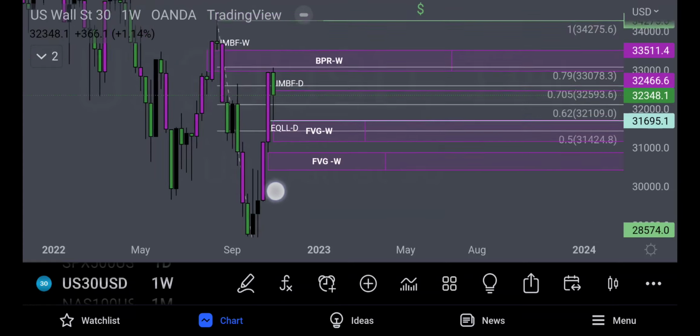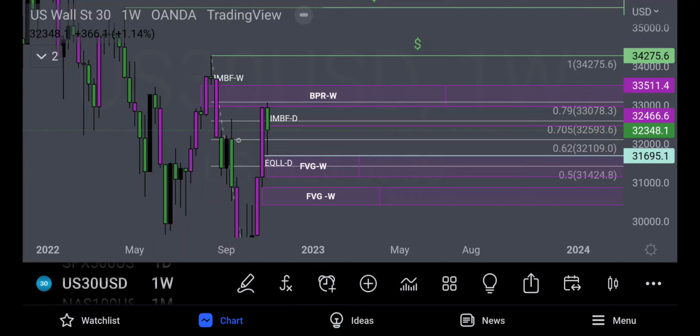But then we started pushing up through this order block, this bearish order block right here. We pushed through that, and we went straight for the liquidity of the fair value gap. We also did take liquidity here.